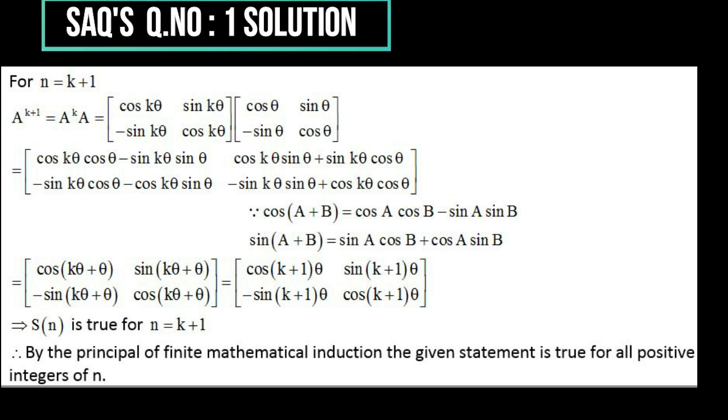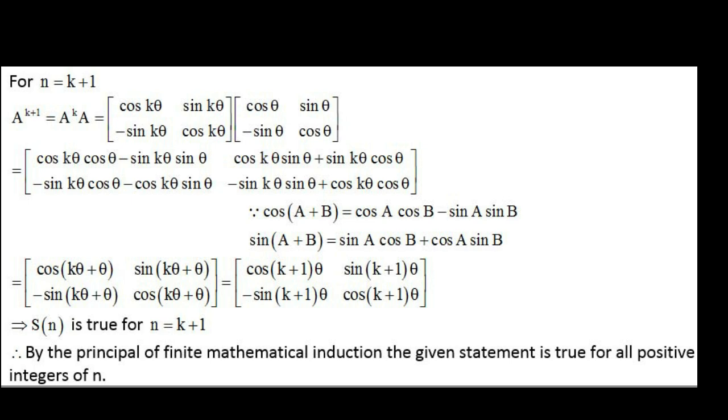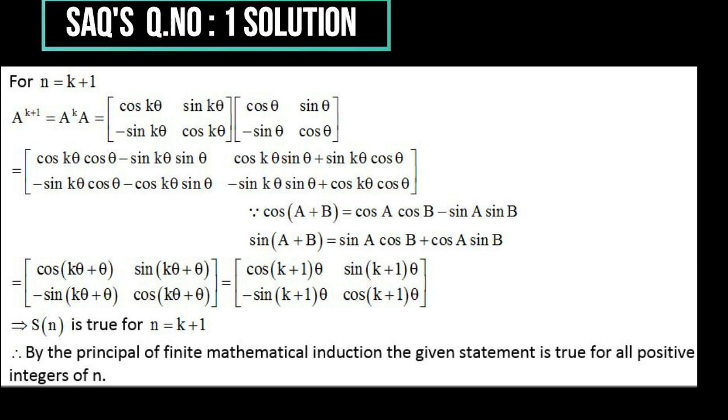Next, multiply the first row with the second column: cos k theta sin theta plus sin k theta cos theta. Next, multiply the second row with the first column: minus sin k theta cos theta minus cos k theta sin theta, and multiply the second row with the second column: minus sin k theta into sin theta plus cos k theta into cos theta.